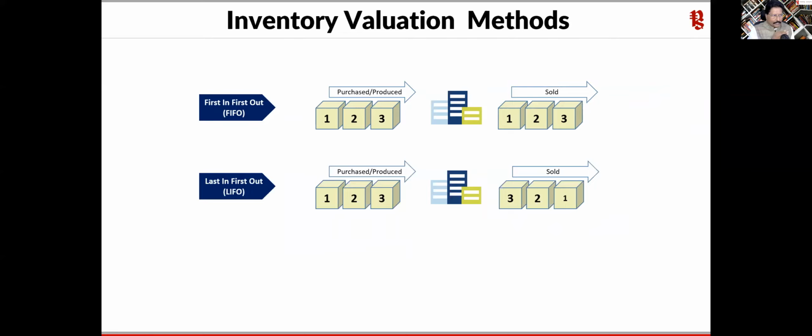If you see the example, 1, 2, 3. Three came in last, but when you are moving it out or selling it, three will go first. That is why it says last in will go first. So 1, 2, 3 will become 3, 2, 1.